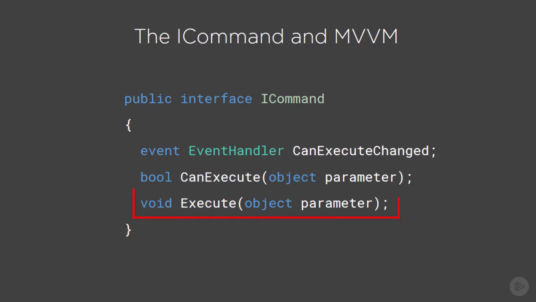The last member is the Execute method. When the button is clicked, it will call the Execute method of the ICommand. The final thing we need to clarify are these object parameters on the methods Execute and CanExecute. On a button, you find beside a command property also a command parameter property.